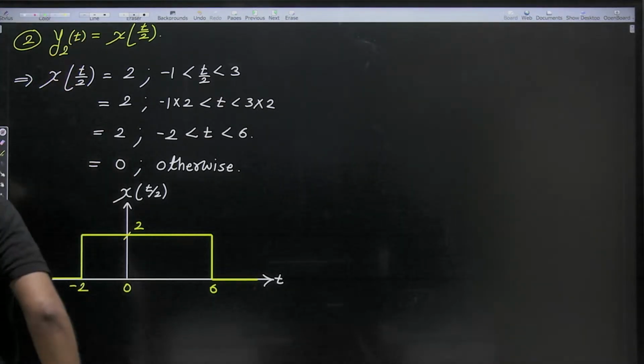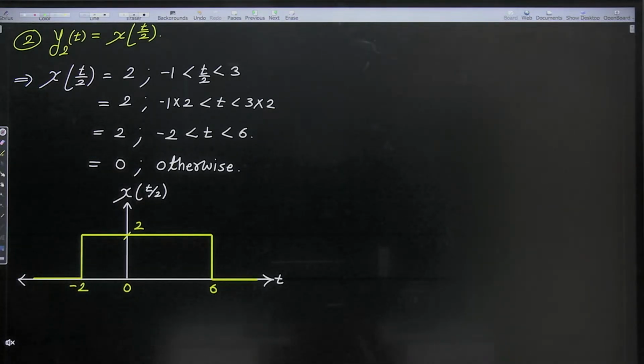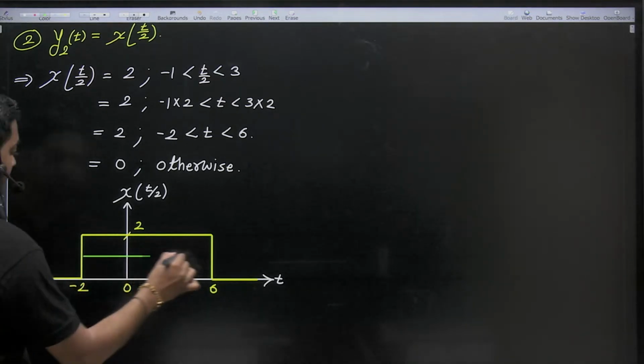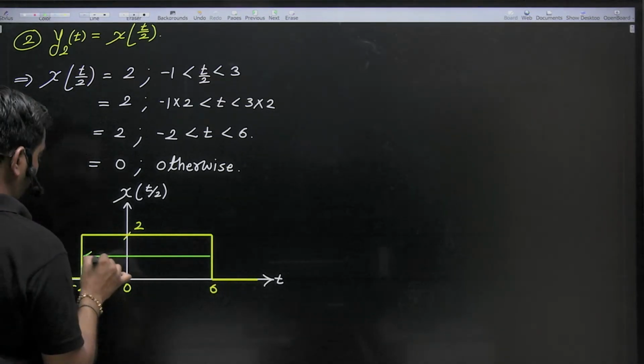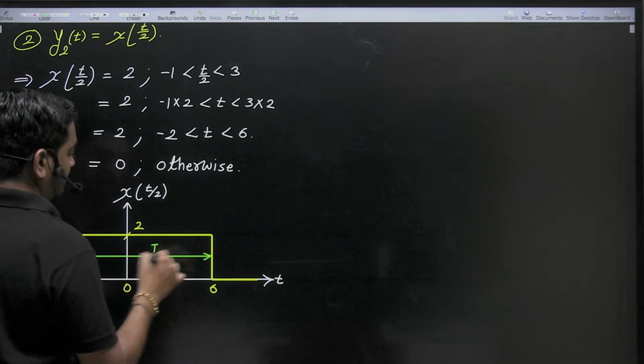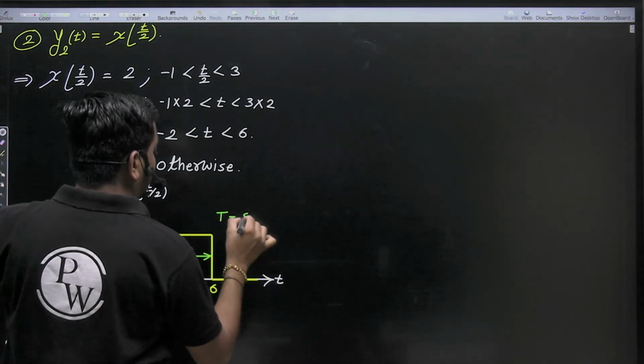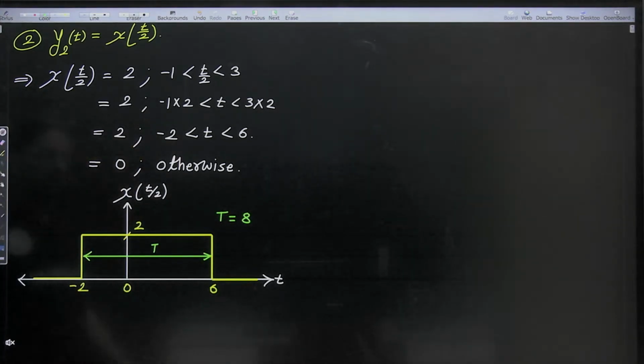Now observe the width, guys. See the signal width. Signal width is 8, guys. Correct? Signal width is 8.